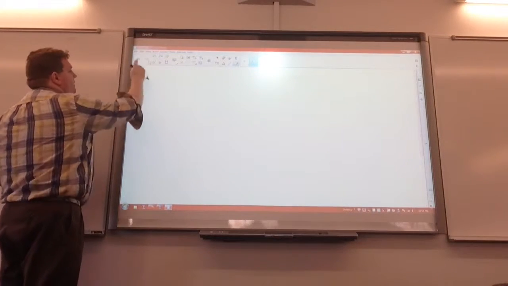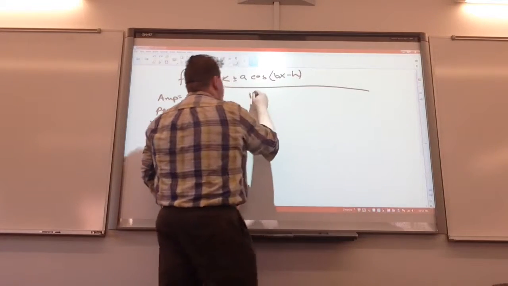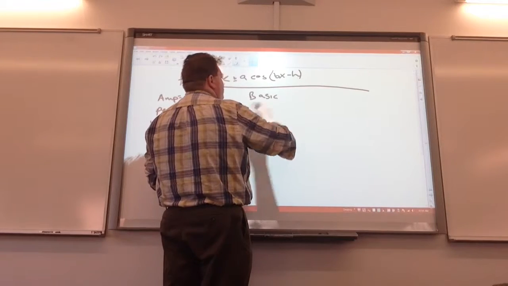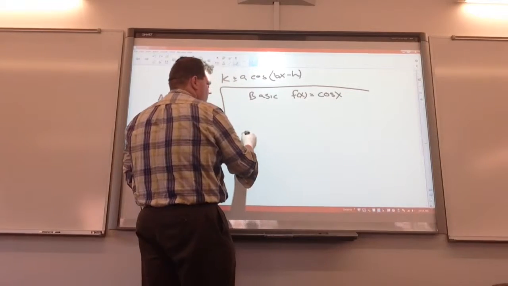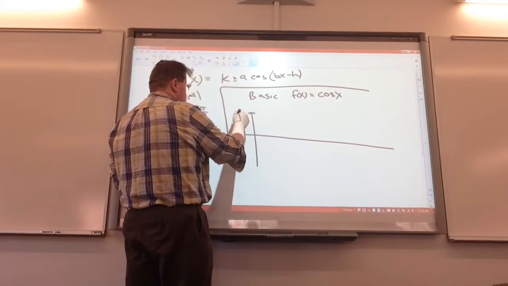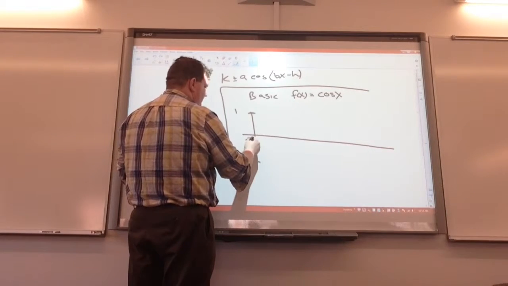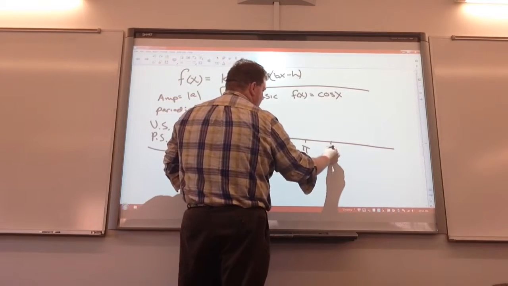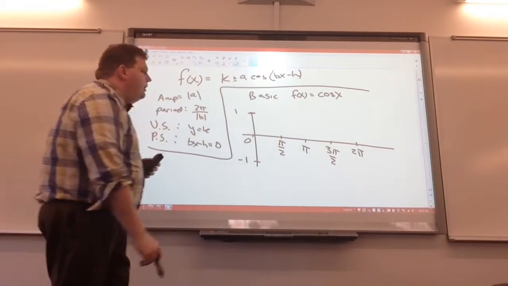coming all the way back through, if I looked at the basic f of x equals cosine of x graph, okay, there's 1, there's -1 for y, here's 0, pi over 2, pi, 3 pi over 2, 2 pi, okay?